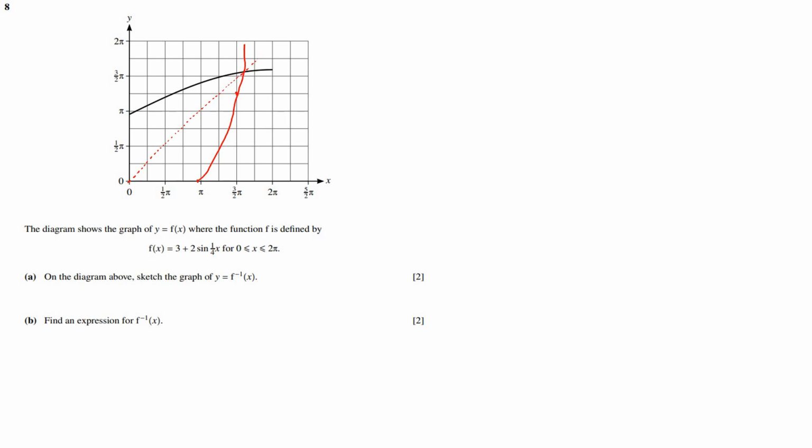Next, find an expression for the inverse. All right, fine. Well, we say let y equal 3 plus 2 sine of 1/4 x. Y subtract 3 all over 2 with an inverse sine in front of it equals 1/4 x. So that'll mean 4 times the inverse sine gives me my form.